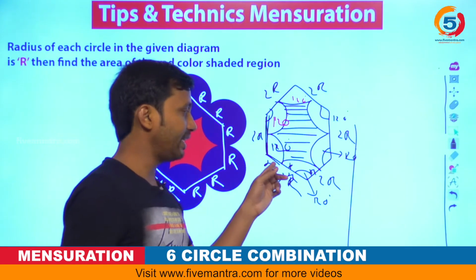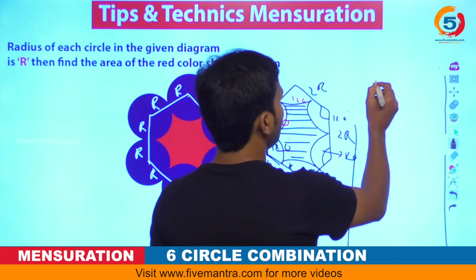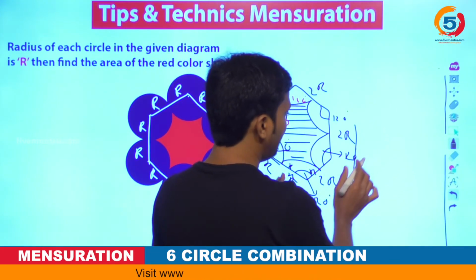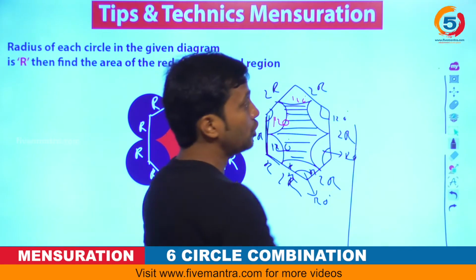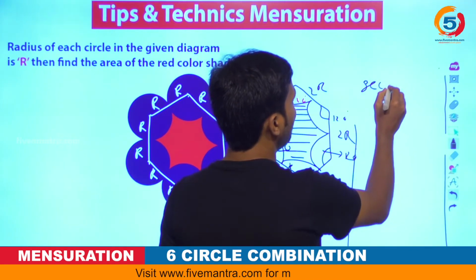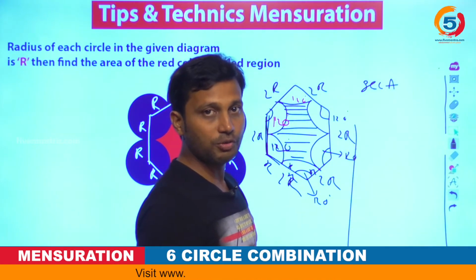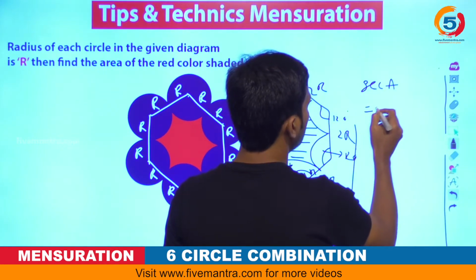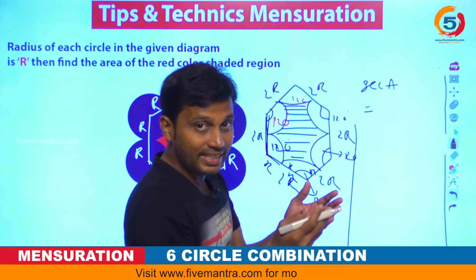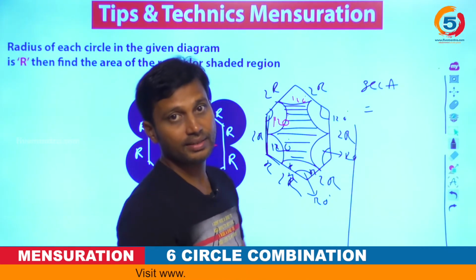So each sector radius is capital R and the angle made is 120 degrees. So each sector area would be, how much? Each sector area equals theta by 360 times pi R square.